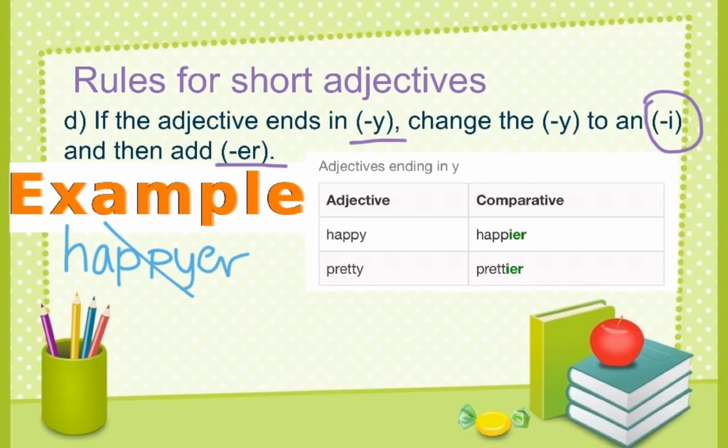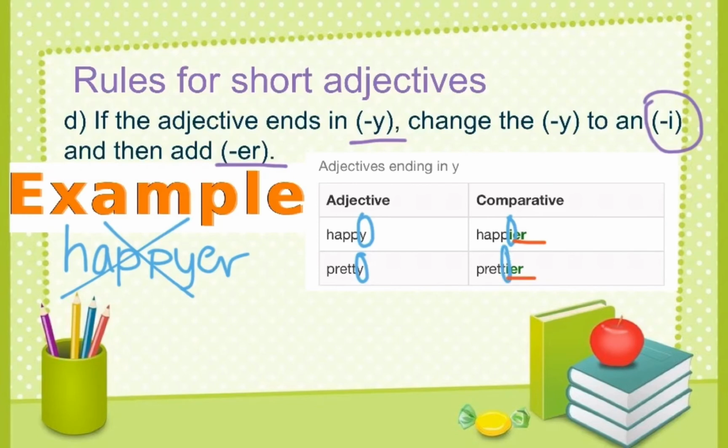No, that is wrong. You drop the Y for an I, and then we add ER. Another one, pretty. We drop the Y for an I, and then we add ER.